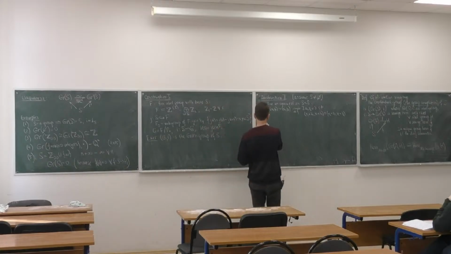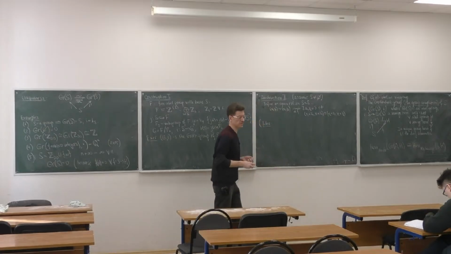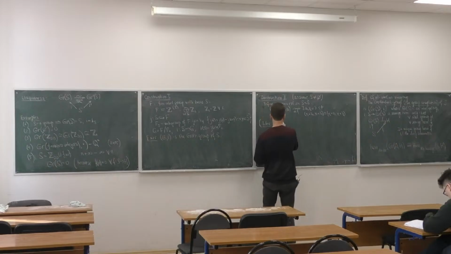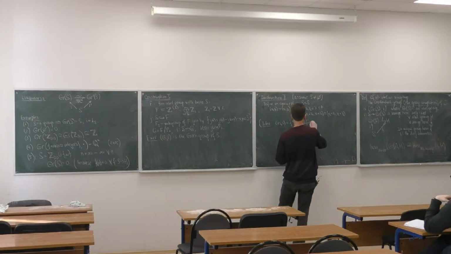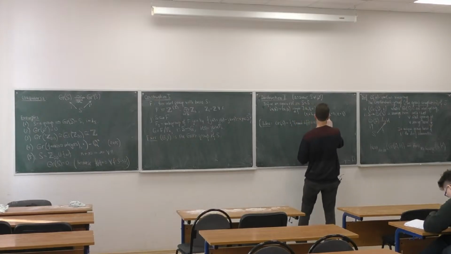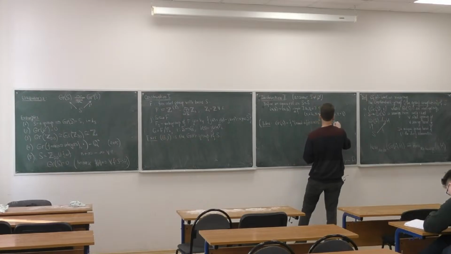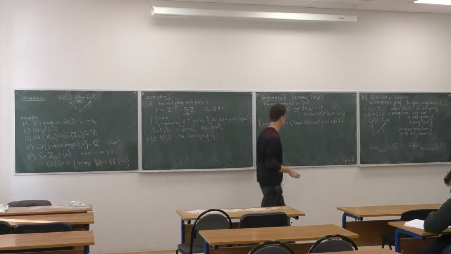So roughly, the idea behind this construction is to define the Grothendieck group to be the set of all formal differences of the form x minus y, where x and y run over S. So the formal definition of such a formal difference is as follows.